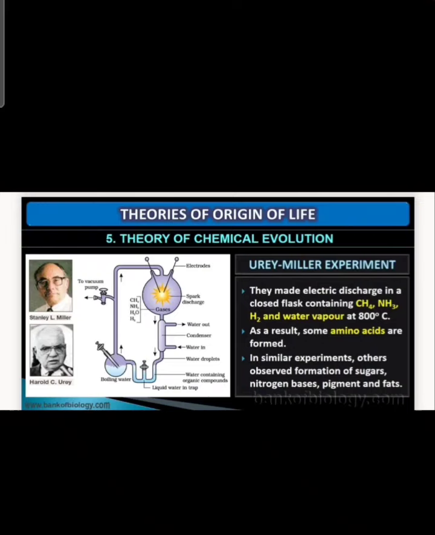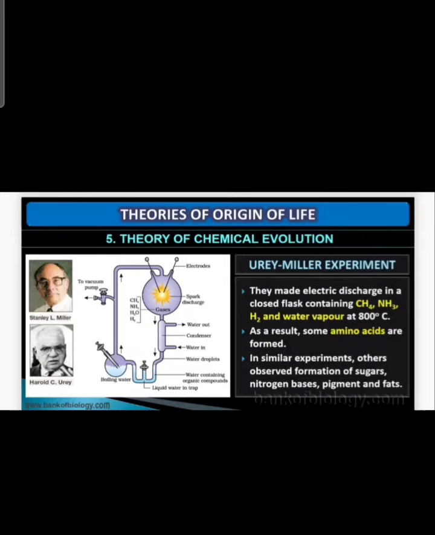So they proved that different phenomena occurring on the earth made life come into existence. The chemical evolution theory is obviously somewhat acceptable because they showed it through their experiment.